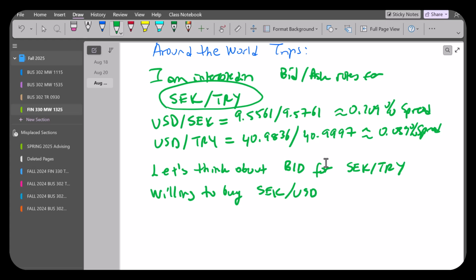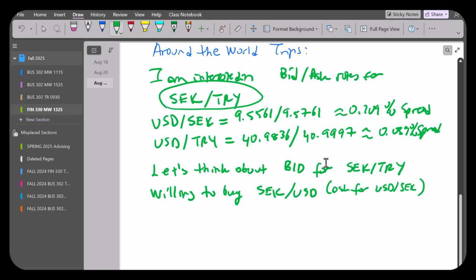Which is going to be the ask for. So I'm willing to buy 1 Swedish kroner against US dollars, right?